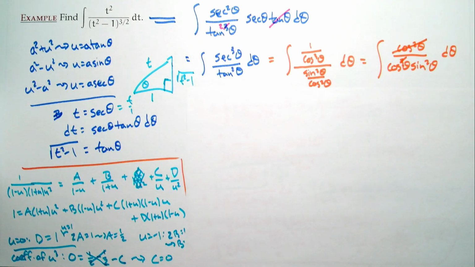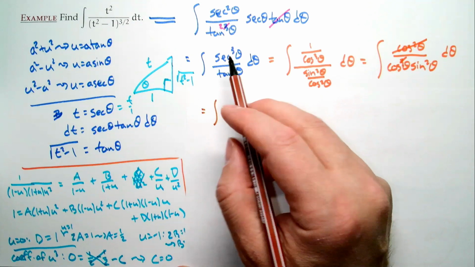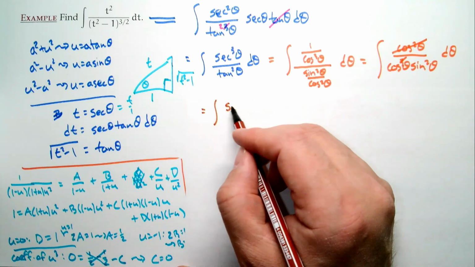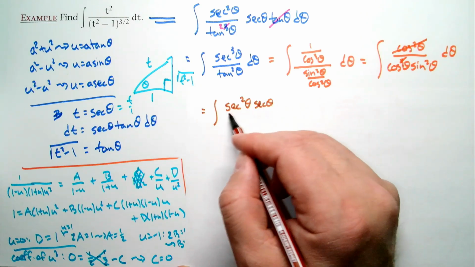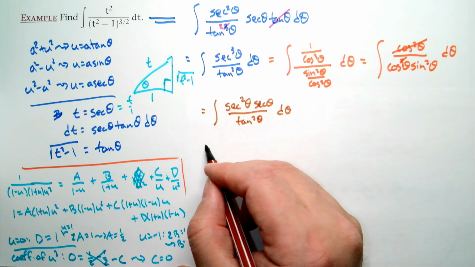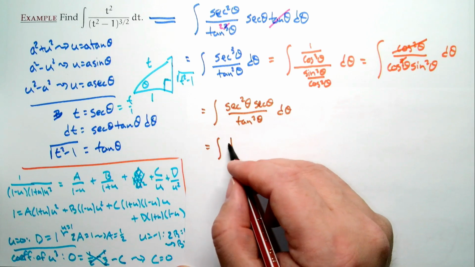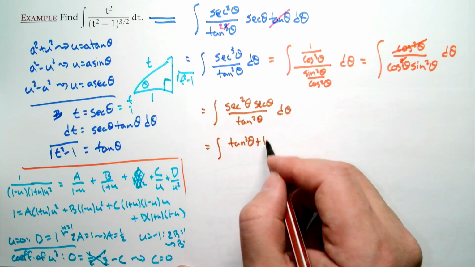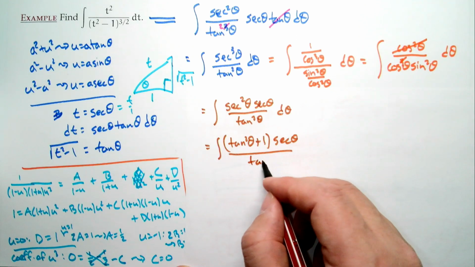Well, what could we have done? We could have said secant cubed is secant squared times secant over tangent squared. And you're probably thinking, Steve, you're going backwards. Well, what's secant squared? Tangent squared plus 1, times secant theta over tangent squared.